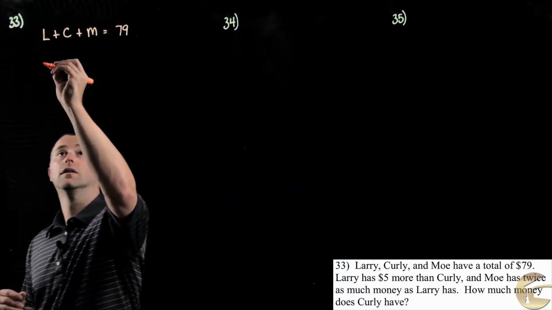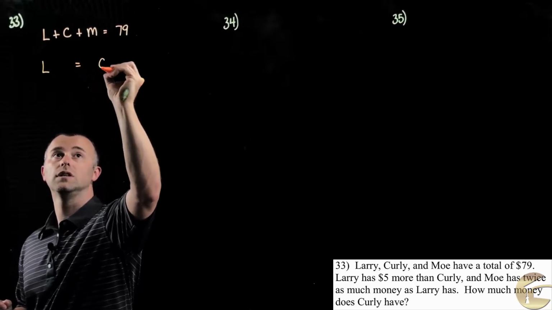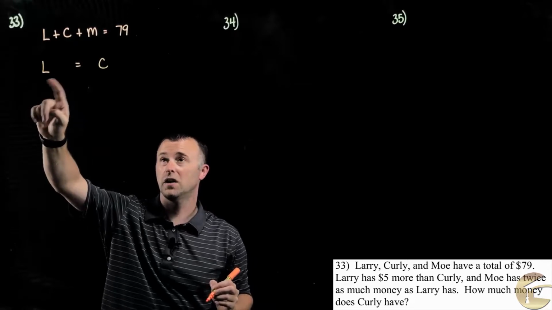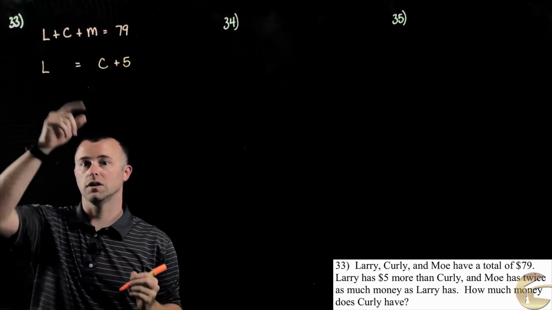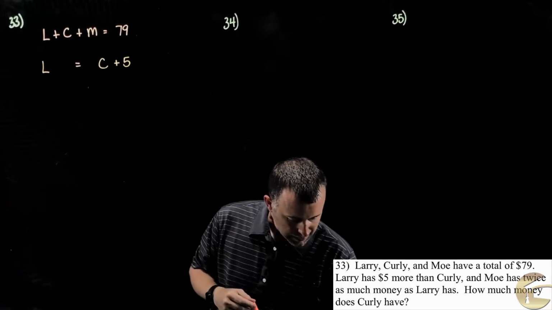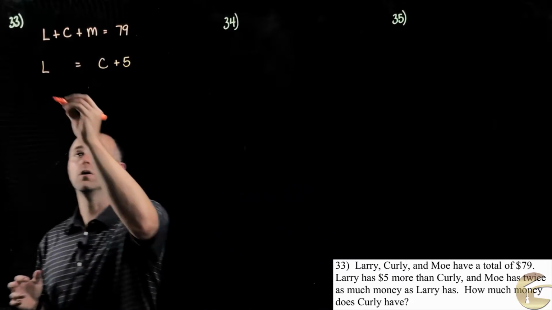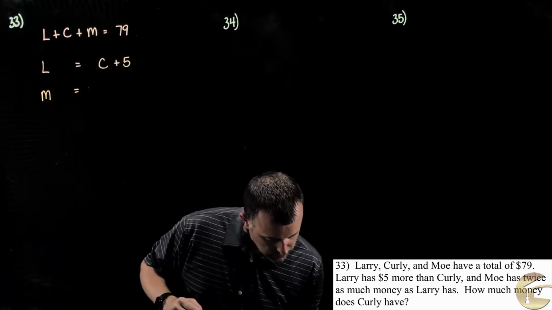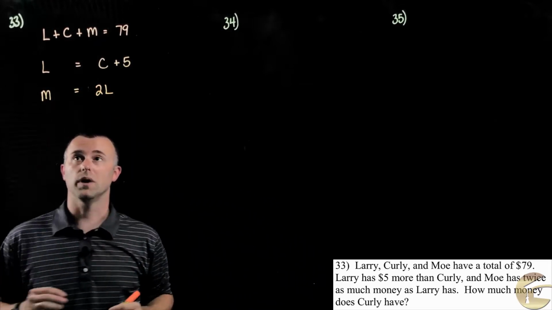So when you see this, you say Larry has $5 more. So we're going to have to add 5 to Curly to make them equal, because he has more money. And that's kind of how it's written anyway. The third equation says Mo has twice as much money as Larry has. So he has twice as much as Larry, so we're going to multiply L by 2.